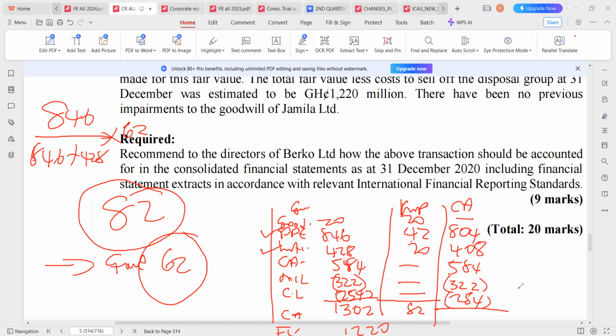Good. 804 plus 408, making 1212. All right, so I'm done. Now take this question home, try your hands on it, and I move on to the next standard.